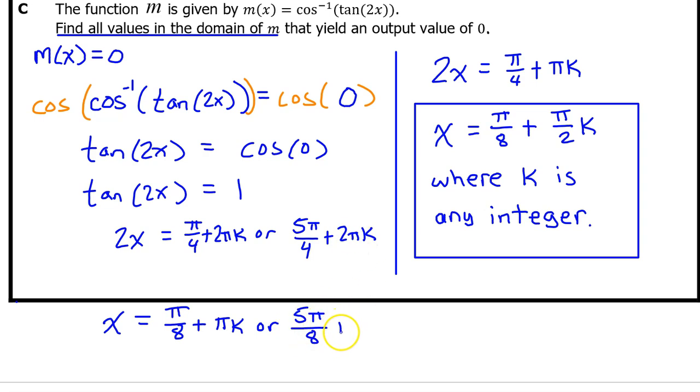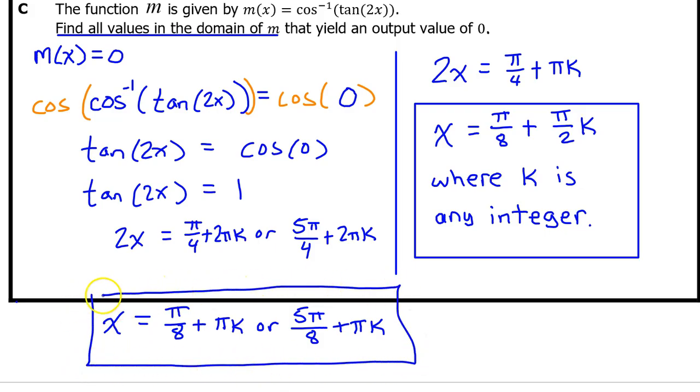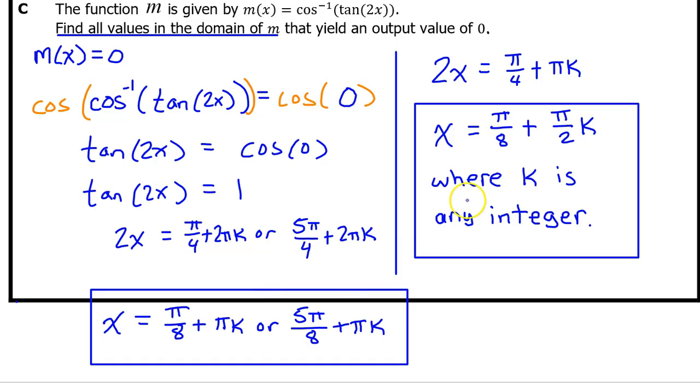And dividing this by 2 leaves us with pi k. So as long as we still include the phrase where k is any integer, this is another valid version of the answer.